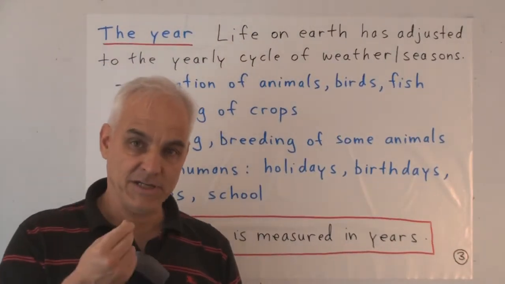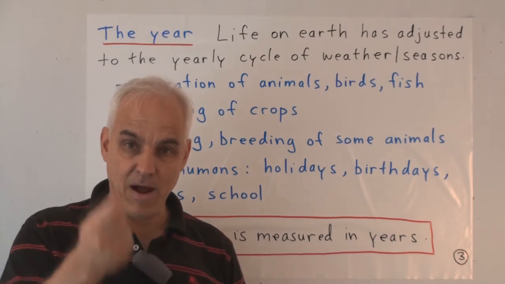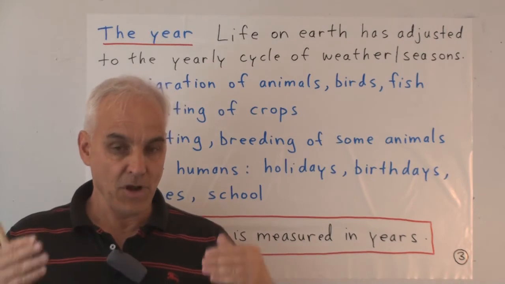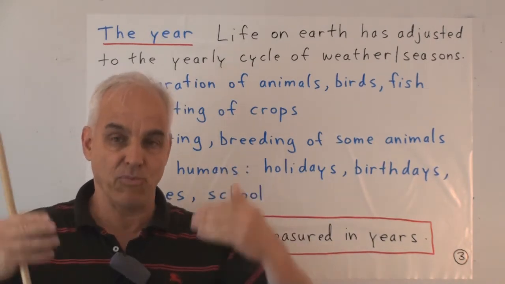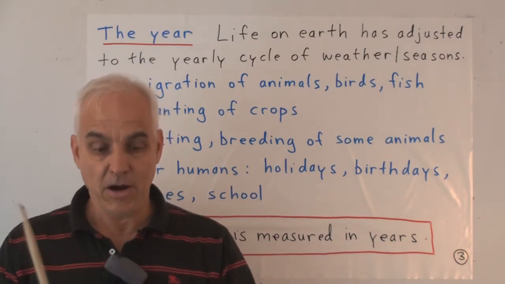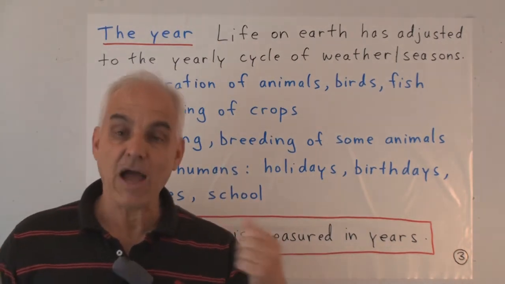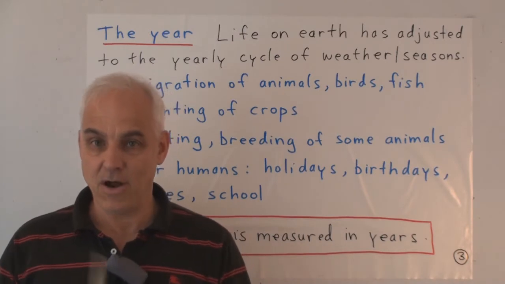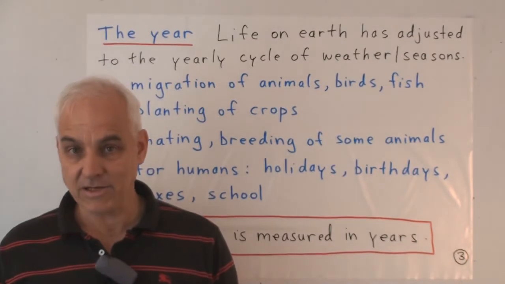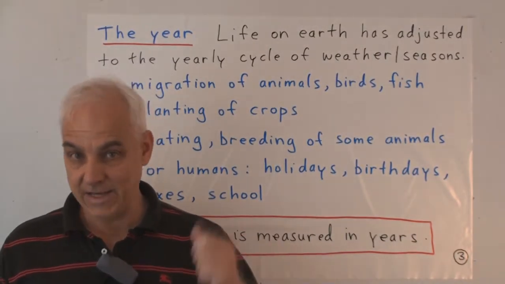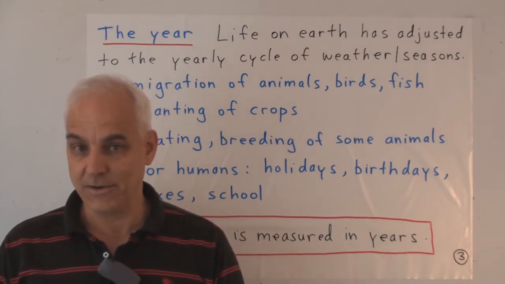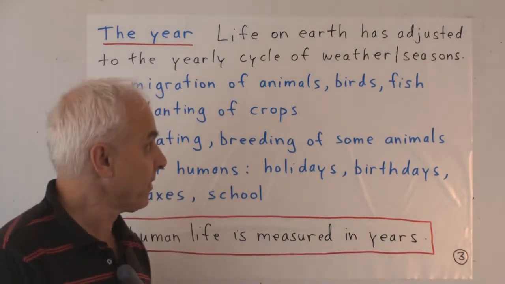So these three periods, the day, the month, and the year, are not just academically important. They're not just things that we human beings bring to the table to orient our understanding. They are also fundamental drivers of activity here on Earth. So many things on planet Earth can best be explained in terms of the cycles, daily cycles, monthly cycles, or yearly cycles that are generated by this motion.